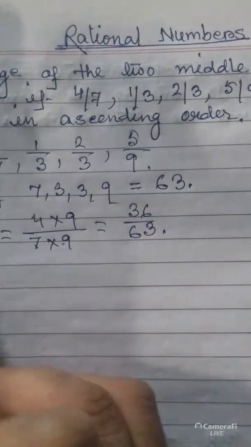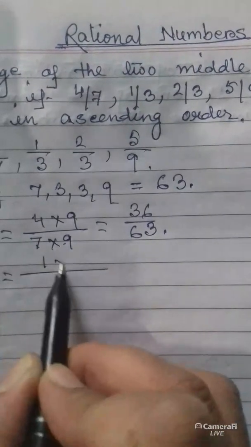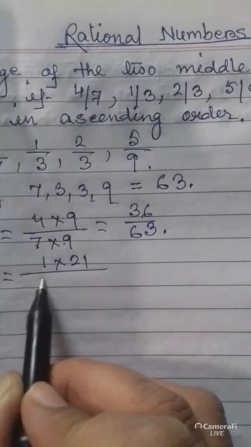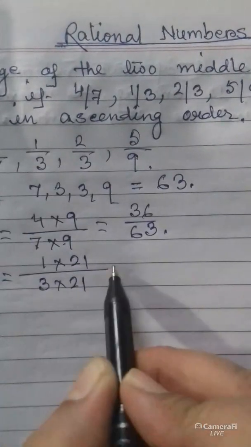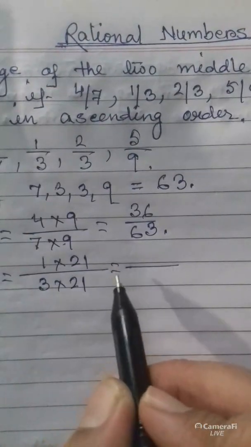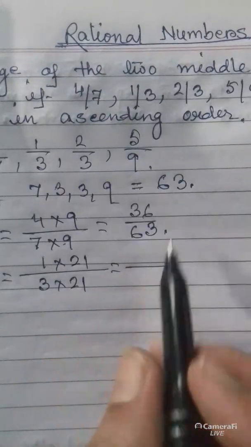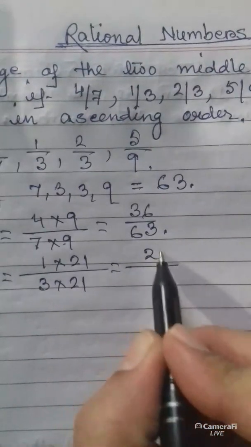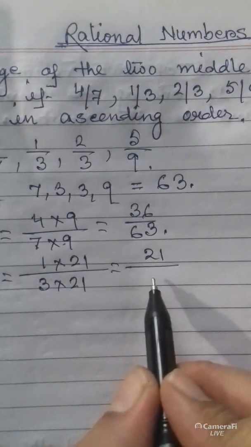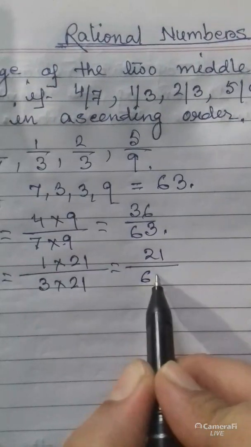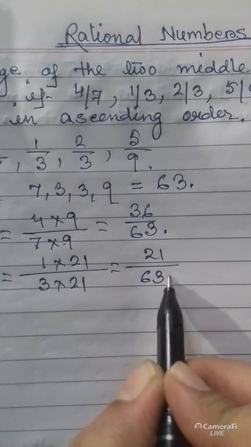Now 1/3 equals 1 into 21 over 3 into 21. We have to arrange all the numbers in the same denominator. So 1 into 21 is 21 and 3 into 21 is 63.